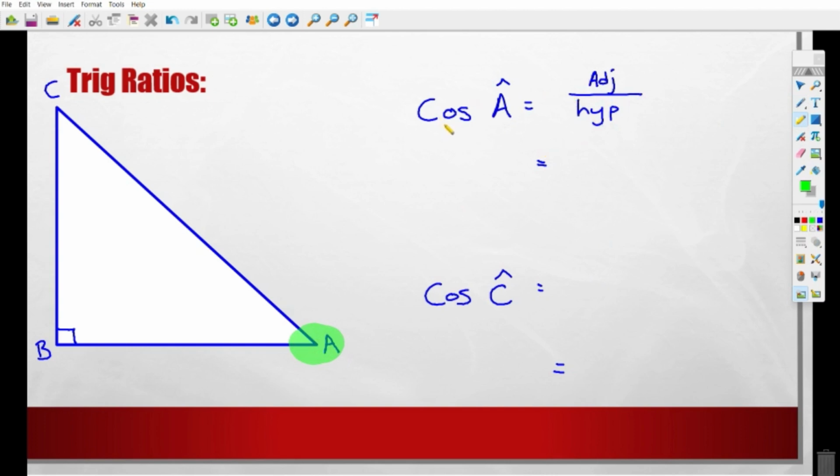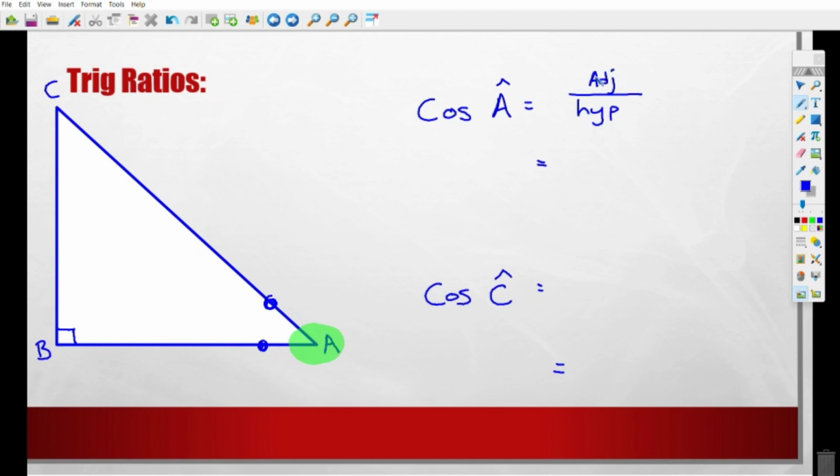Where's the adjacent side? What does adjacent mean? It means touching angle A. There are only two sides touching angle A, this side and this side. Can you see that these two sides meet angle A?